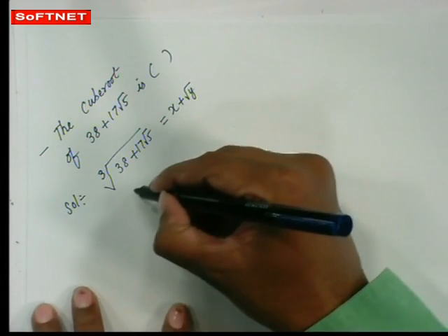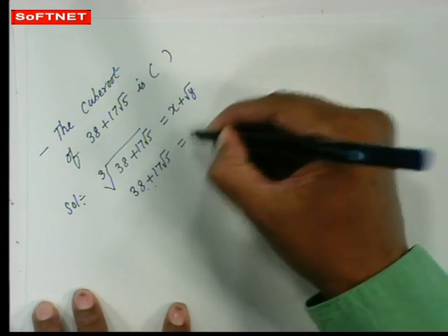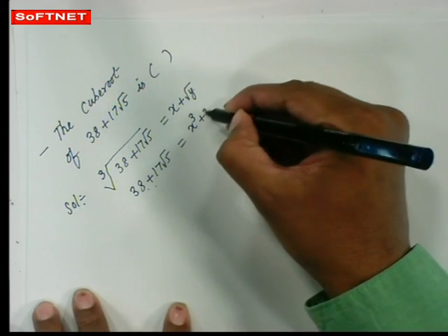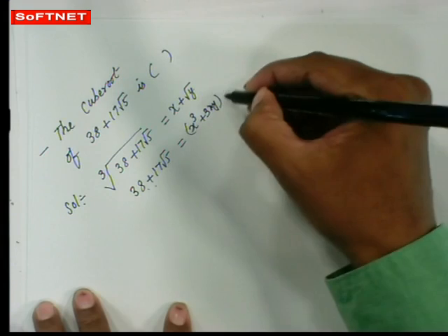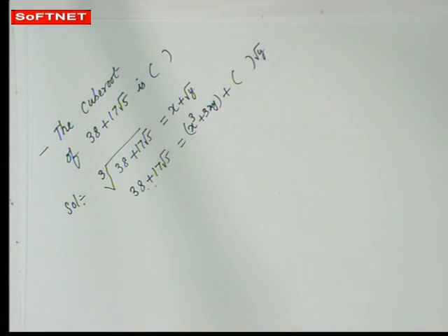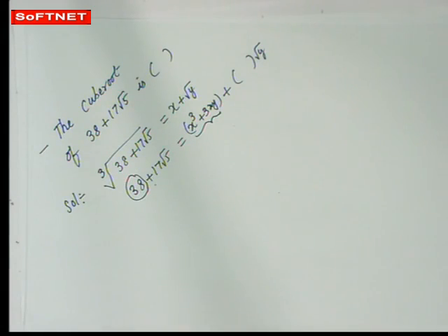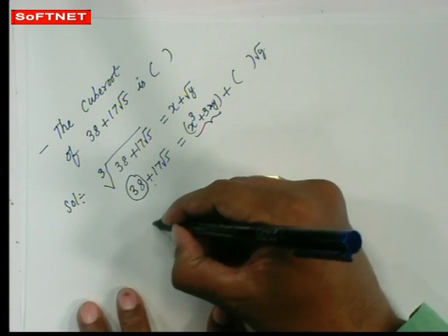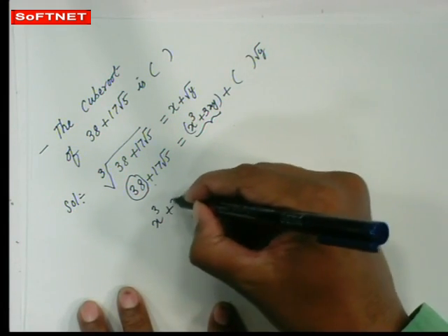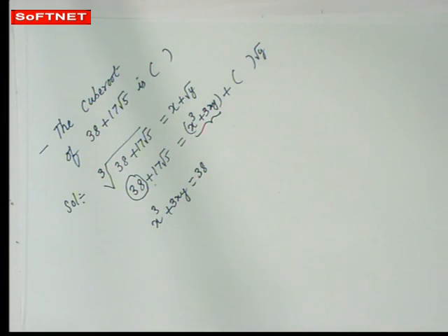So cubing on both sides, I am writing directly. 38 plus 17 root 5 is equal to x cube plus 3xy plus the root y part. So let us concentrate on rational terms. Here this is rational, this is rational. That means x cube plus 3xy is equated to 38 because they are rational.